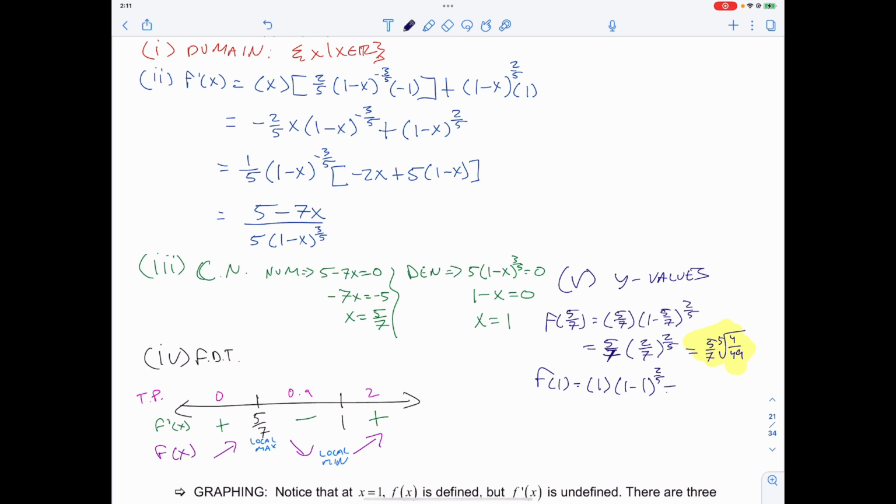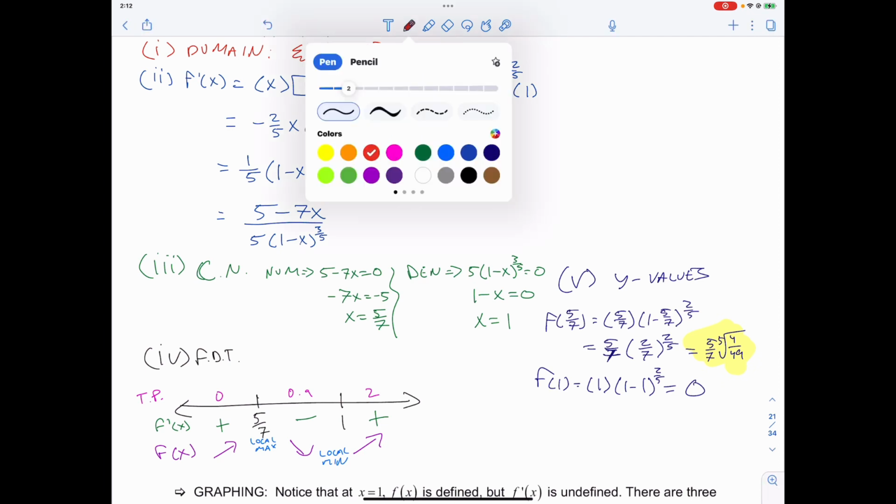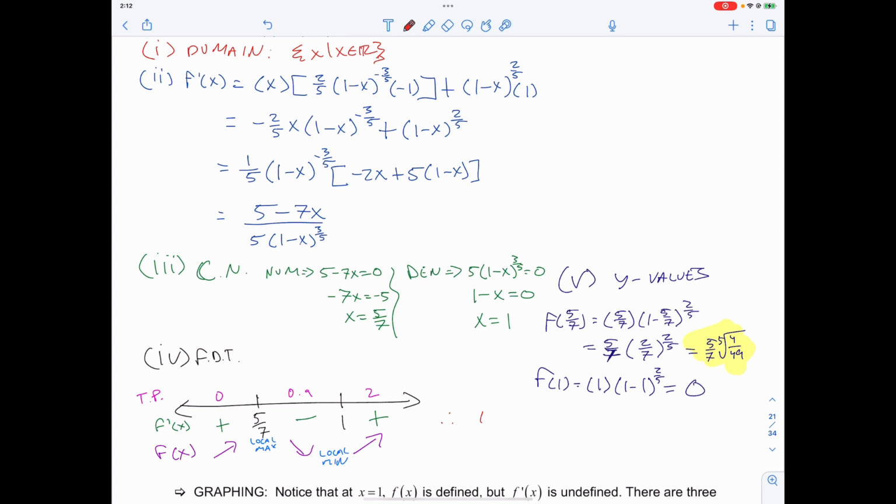Well, 1 minus 1 is 0, which means that this is all just going to equal 0. Therefore, I have a local maximum value of 5 over 7 and the fifth root of 4 over 49, and a local minimum value of 0.